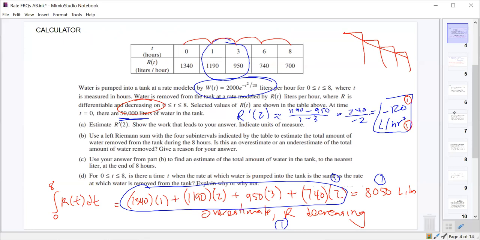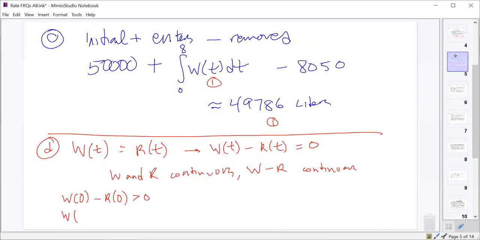That's going to be a fairly small value. Anybody have that value for W of 8?